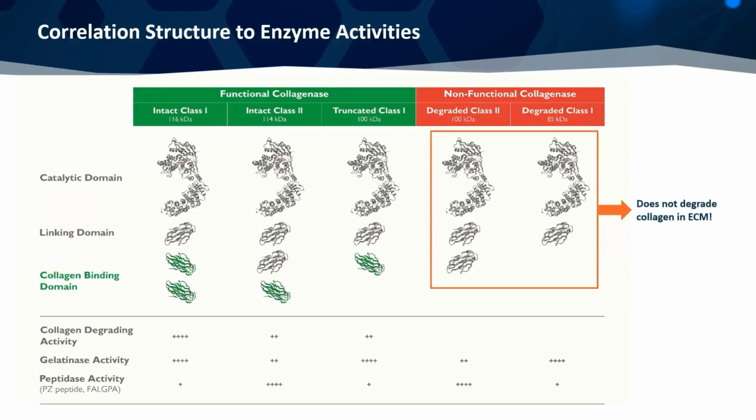As you can see, intact class 1 has 2 collagen binding domains, just like Matsushita said. Intact class 2 has 1, and the truncated class 1 has lost its carboxy terminal domain, but it's still active. The other forms, if you lose that collagen binding domain, you can't degrade the extracellular matrix or native collagen.